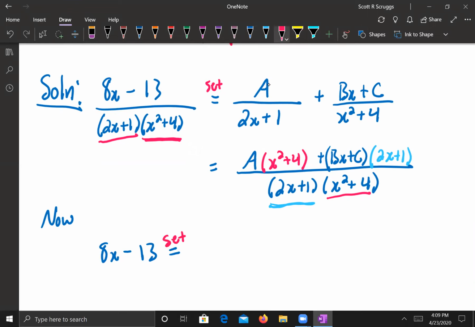So I want to set the numerator that I started with at the very beginning, 8x minus 13. I'm going to set that equal to A times x squared plus 4 plus bx plus c times 2x plus 1.